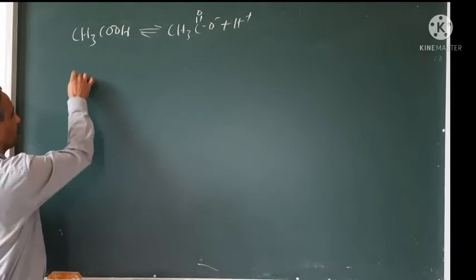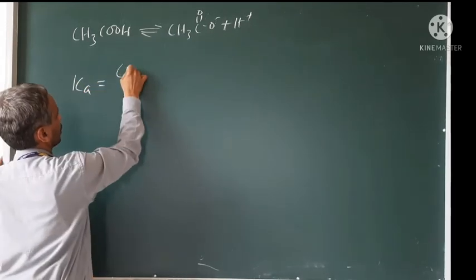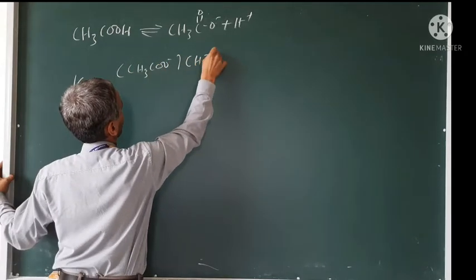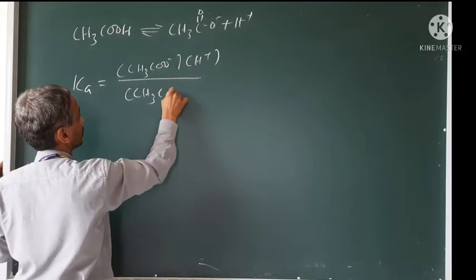There will be a dissociation constant for this, which will be CH3COO minus concentration into H plus concentration divided by CH3COOH concentration.